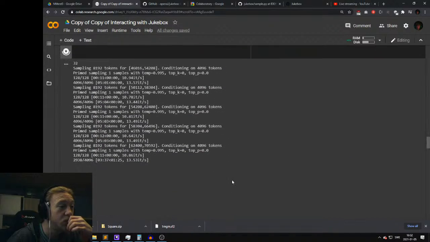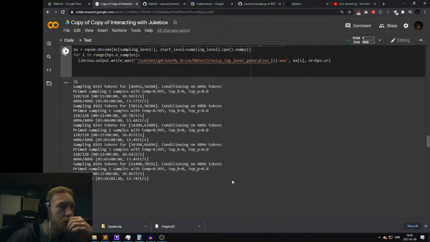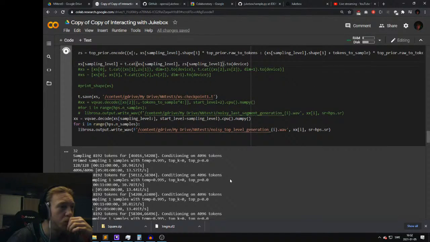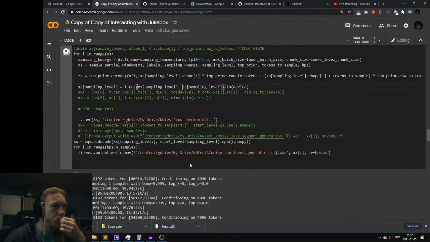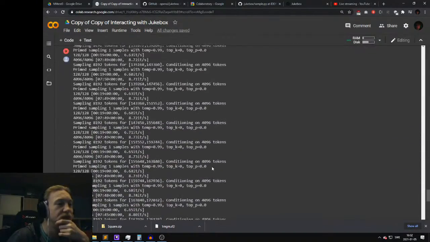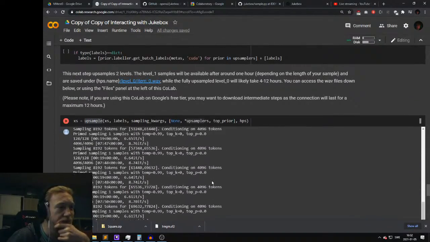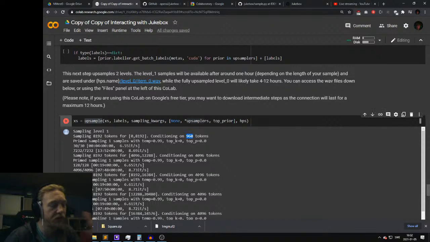That might be it. Thing is, it's kind of messed up now. Level 1 had 960 tokens.